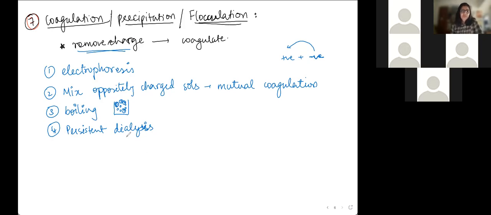All right. Now we're talking about persistent dialysis. Let's say this is the semi-permeable membrane. Some particles are caught, others are gone. Remember when we were talking about lyophilic and lyophobic sols, lyophobic ones needed a stabilizer.